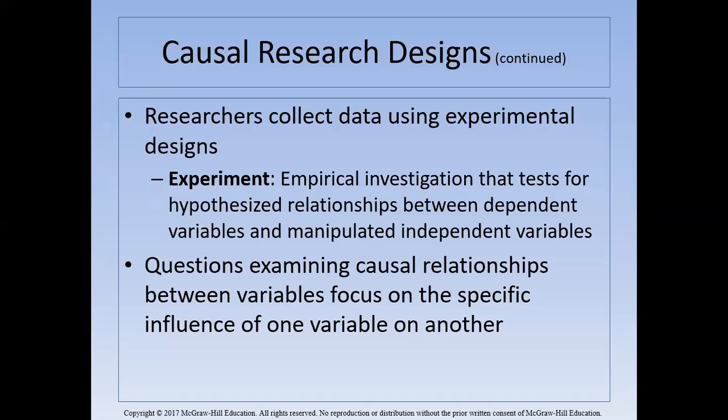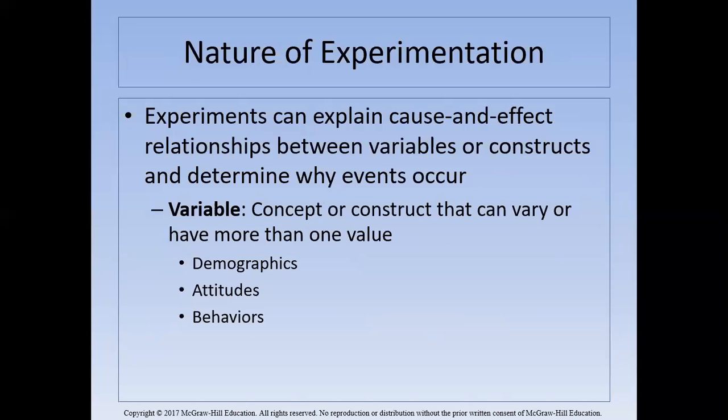It should be very clear that they are well connected. Now, the nature of an experiment can explain a cause and effect relationship between variables or constructs and determine why an event occurred.